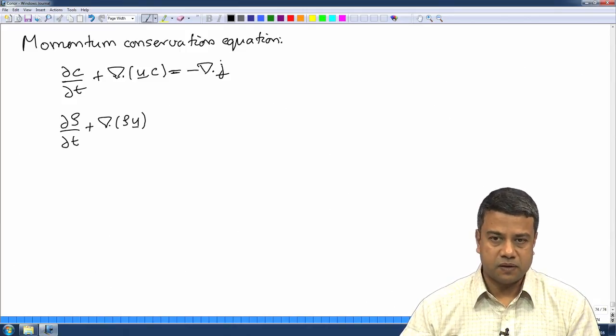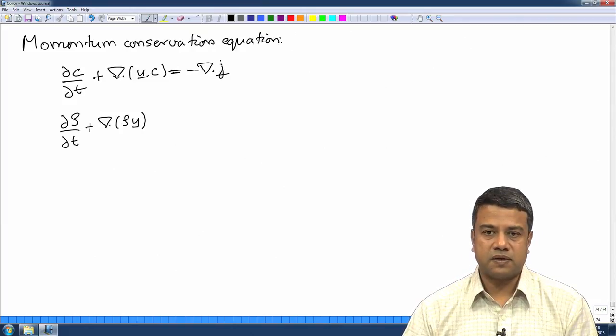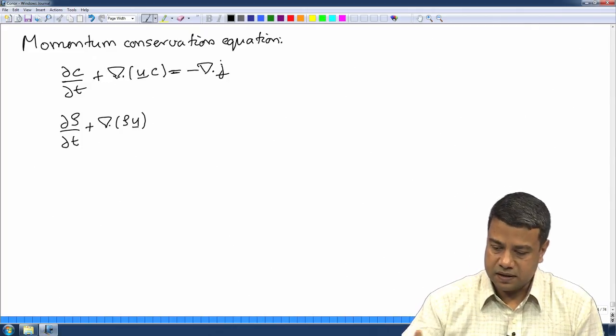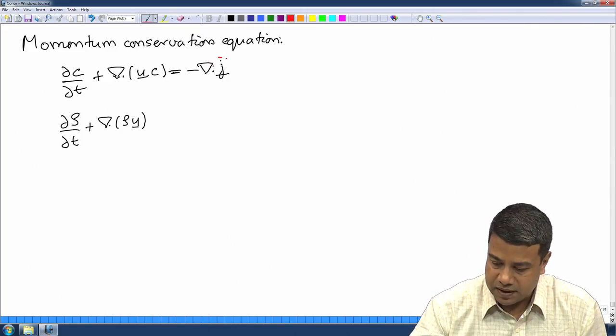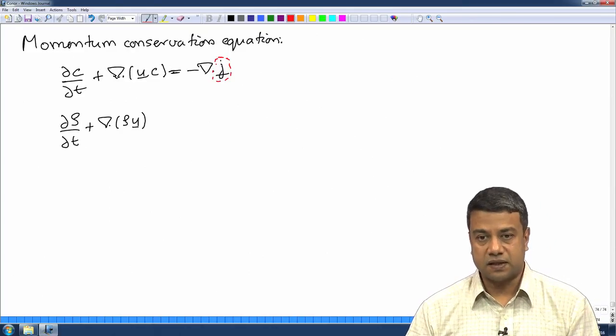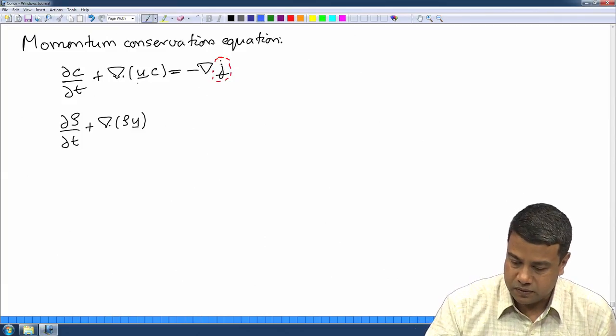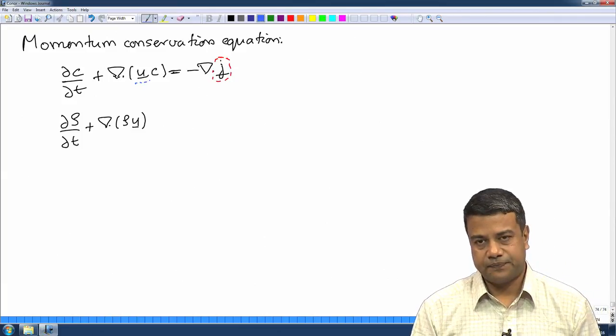If I have put one particular species within the fluid, the flux basically tells you how the mass of that particular species is moving relative to the center of mass of the fluid.